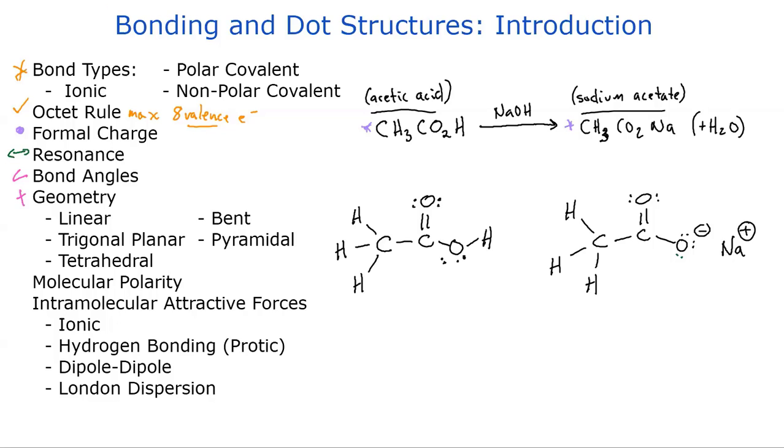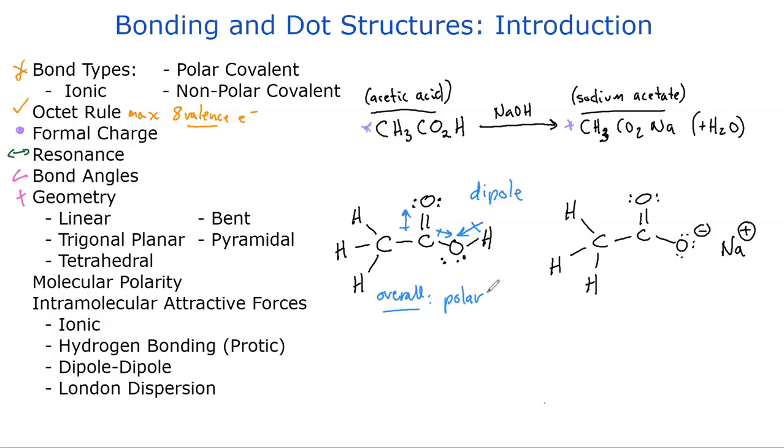Now let's consider also, when we're thinking about the polarity of bonds, we frequently think about drawing a dipole for polar bonds. So the bonds here between the carbon and oxygen and the hydrogen and oxygen are polar and point towards the oxygen. The same is true of this carbon-oxygen bond. So those individual dipoles will create a molecule that overall we'd say the molecule is polar.